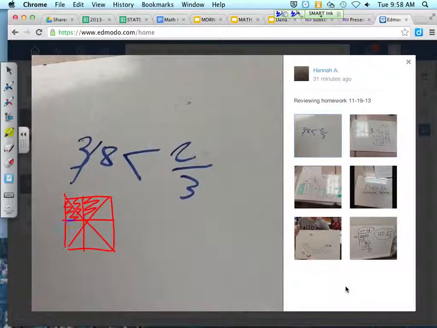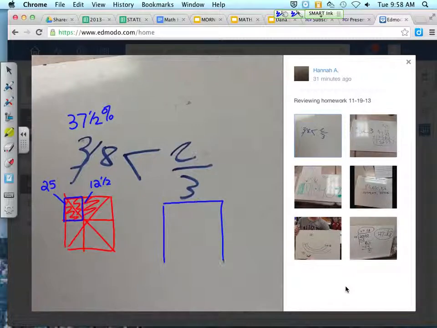So 12.5 plus 12.5 gives us 25. And if we add another 12.5, what's the percentage for 3/8? Hunter? 37.5%. Over here, this tells us to take the same size box, break it up into 3 equal parts, and shade 2 of them.